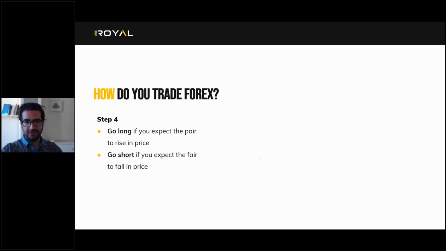Step 4 is where you will execute. If you want to go long, that means you're expecting the market will go up. If you go short, that means you're expecting the market will tumble or go to the downside. For example, let's say Euro USD today is 1.05 and you decided to buy Euro USD because your analysis is telling you that it will go to the upside.